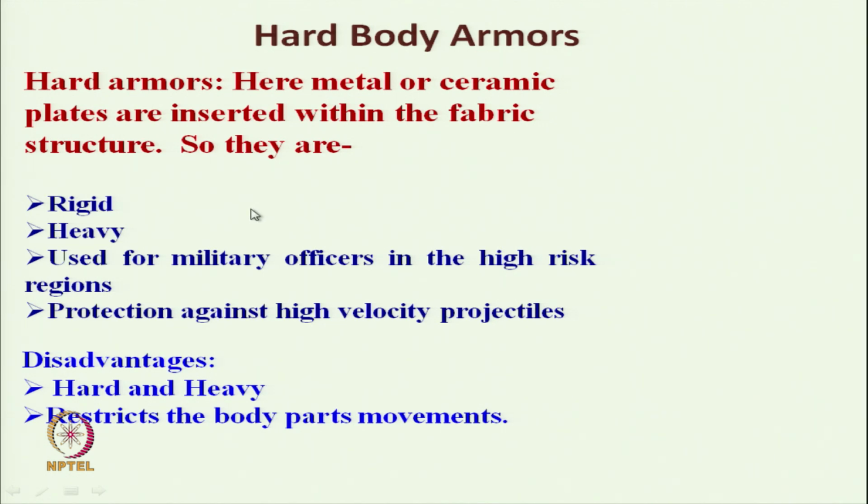Due to these metal or ceramic plates, they are rigid and heavy, and they are used in high risk regions by military officers for protection against high velocity projectiles. As they are made of metal and ceramics, they are heavy. This is the main disadvantage of hard body armor.